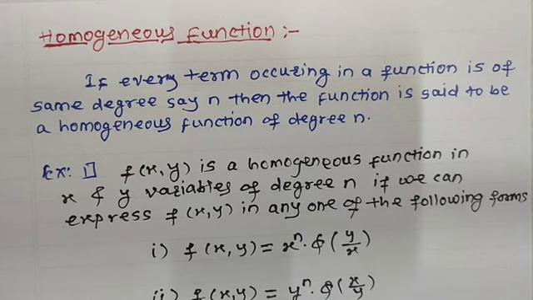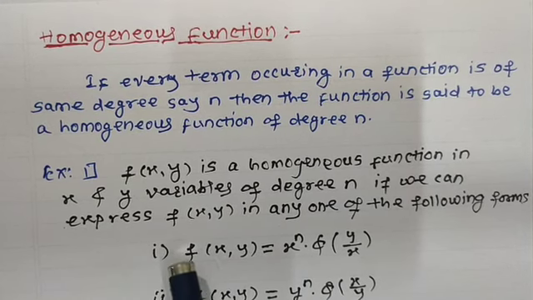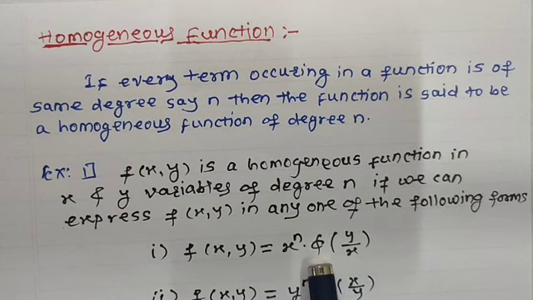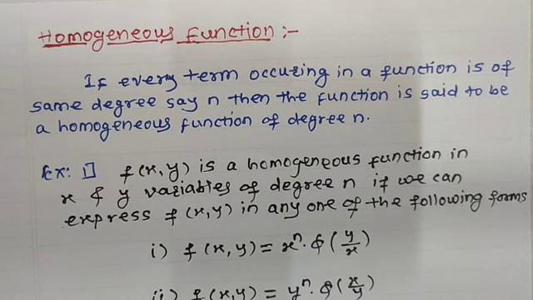These are three forms to express a homogeneous function. Okay, first form, f of x comma y. If we express f of x comma y in the form of x raised to n phi of function of y upon x, this is first form.